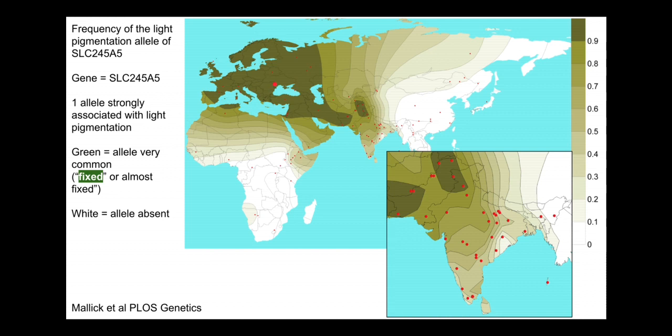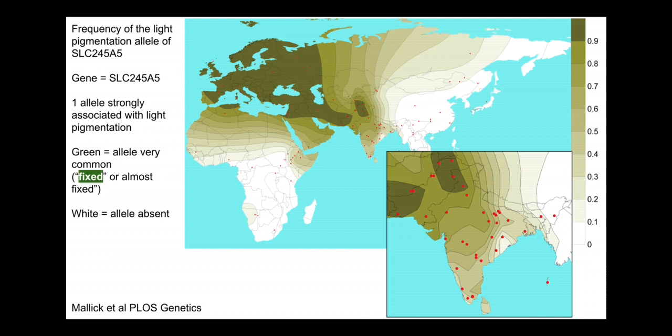However, as we turn the corner into the Middle East, Pakistan, the Indian subcontinent, we start to see the allele decline in frequency, going all the way down through India until it declines quite a ways. And what's interesting is the frequency at the tip of India and Sri Lanka is similar to the same latitude here. So the pattern that we see in Africa, the allele changing in frequency as we move north to south, is similar to the pattern we see in India.